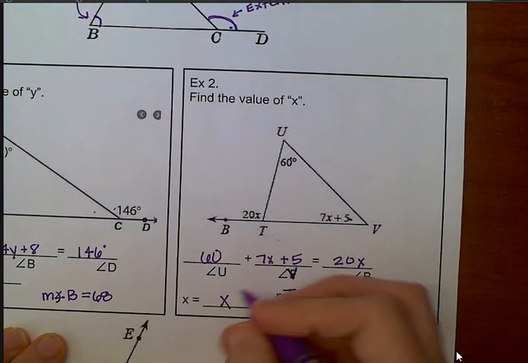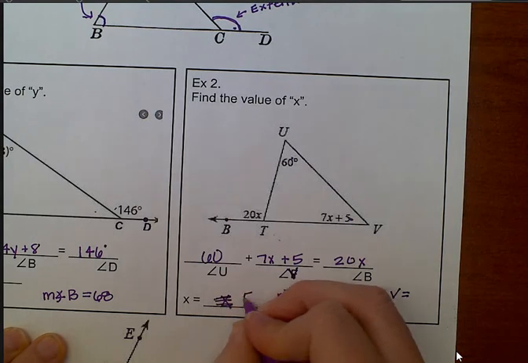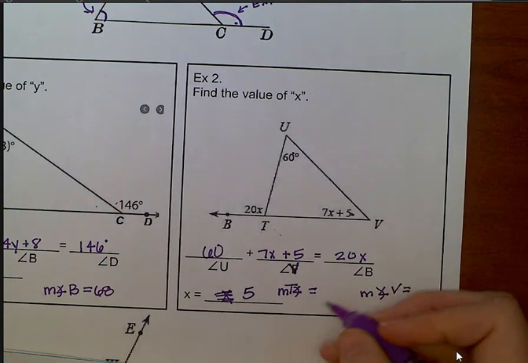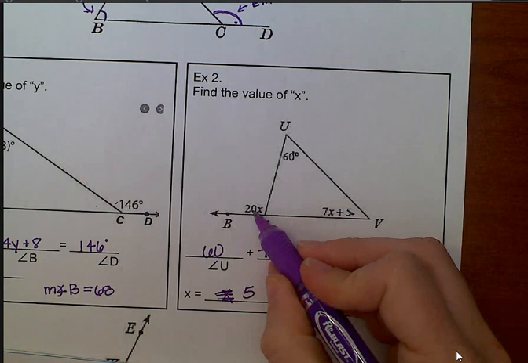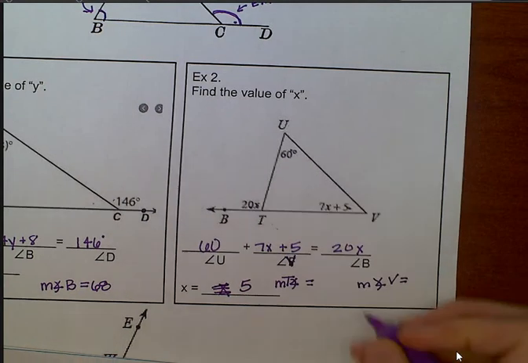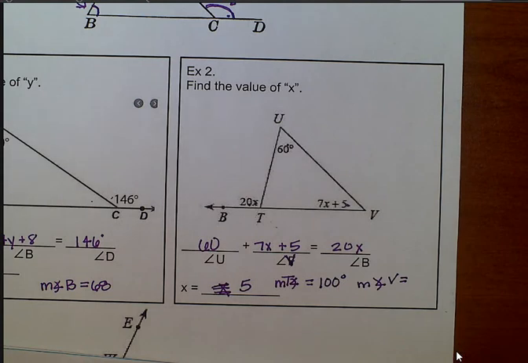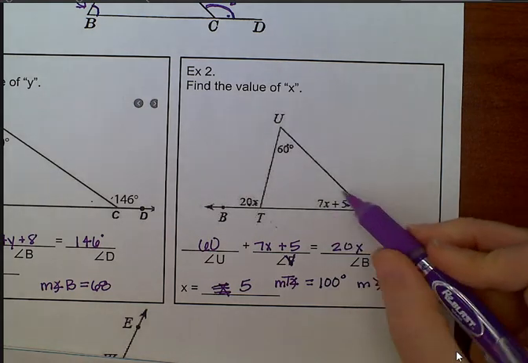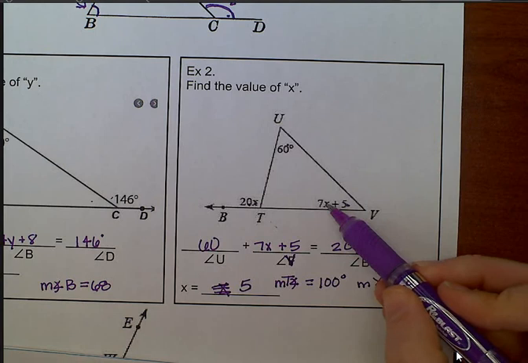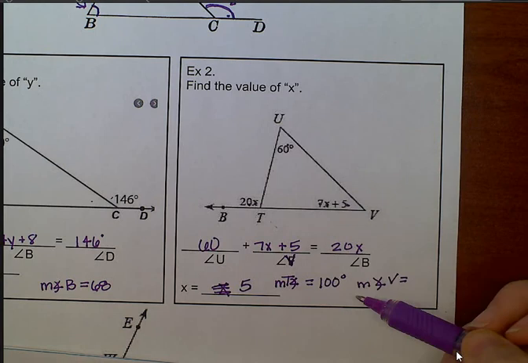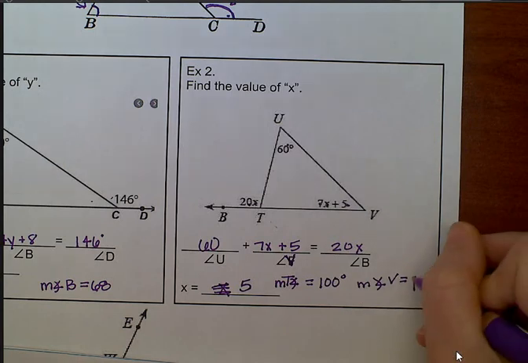Oh my gosh, that's not x, it's 5. Alright, so to solve for the measure of angle T, you're going to plug in a 5 anywhere that you see the x, so the measure of angle T has to be 100 degrees. Same thing here, we're going to plug in a 5 anywhere we see an x, so 7 times 5 is 35, plus 5 more is 40 degrees.